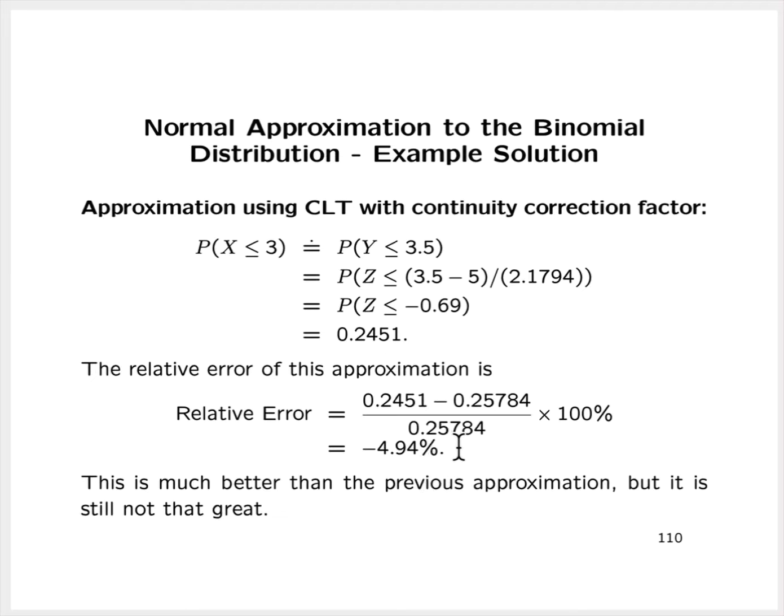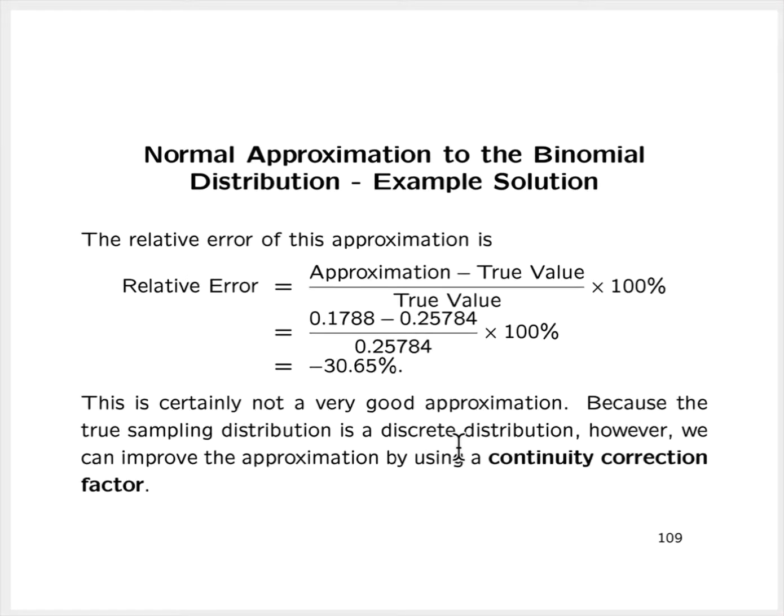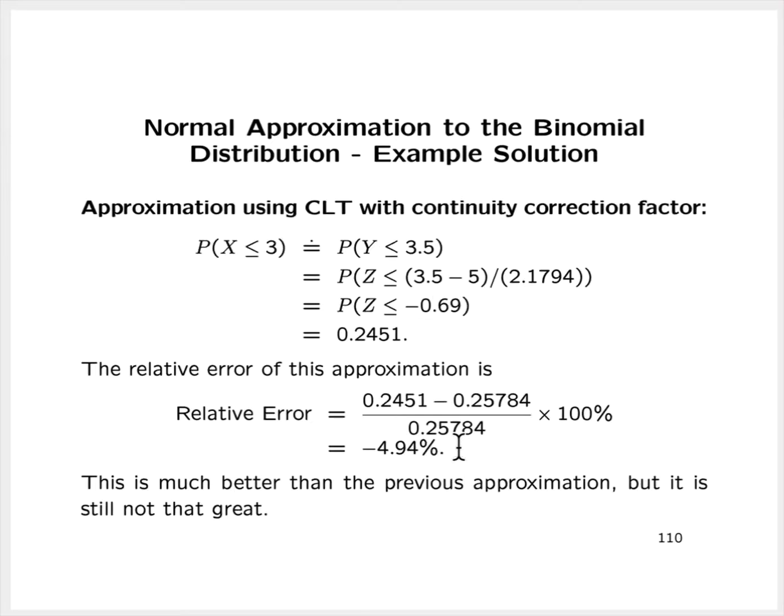But you see that this does improve the approximation quite a bit. The relative error goes from a magnitude of 30.65% down to a little under 5%. So it's an improvement, but it's still not that great. Well, let's continue on, and then we'll talk a little bit more about why the approximation is still not very good.